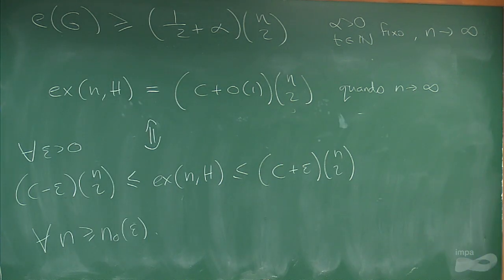So the lower bound is n squared over 4. The upper bound is n squared over 4 plus little o of n squared. And if you try harder, you can even prove that it's n squared over 4 plus n to the 2 minus epsilon for some positive epsilon. So little o goes to 0 reasonably fast.